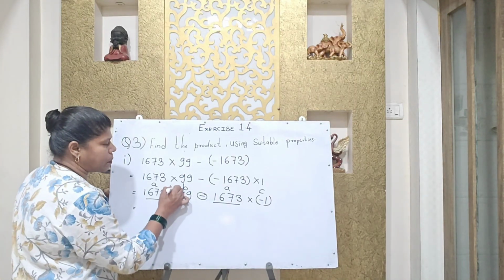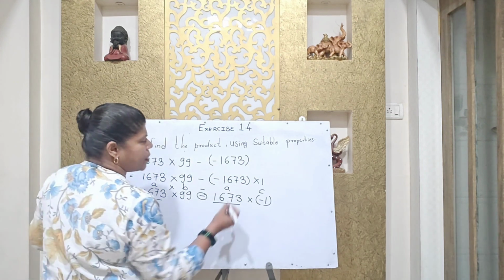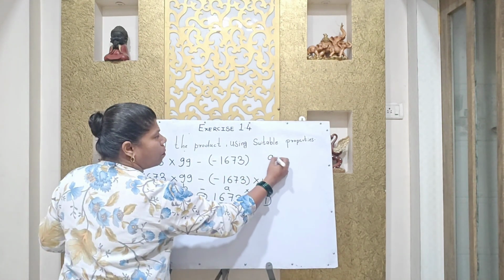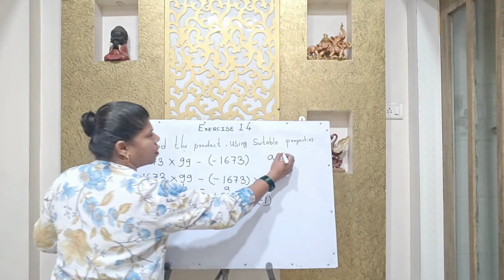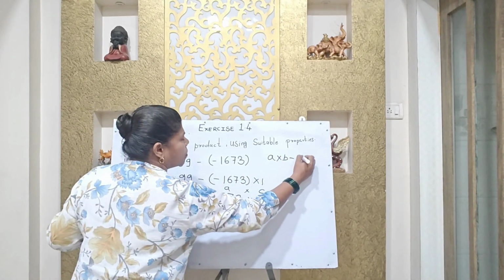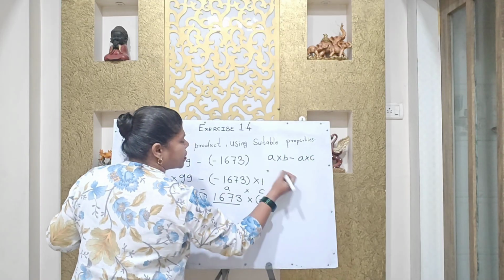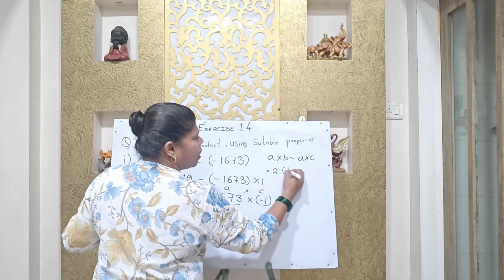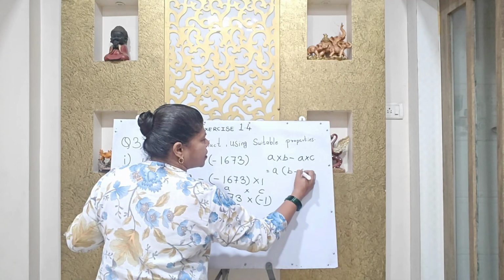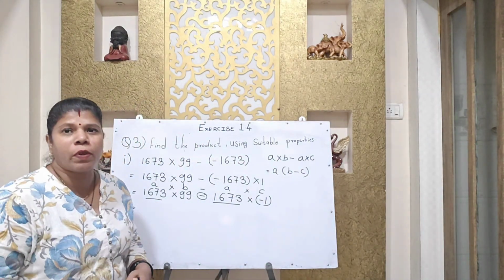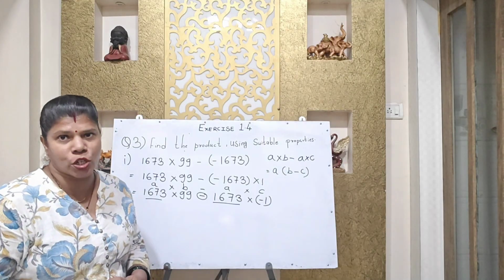So I put a multiplication sign here, your minus sign and your multiplication sign. So what I've got here, A multiplied by B minus A multiplied by C. This will help you to find out the property. A is common, remain B, this minus sign, and this is C. Which property? This distributive property of the multiplication over subtraction.